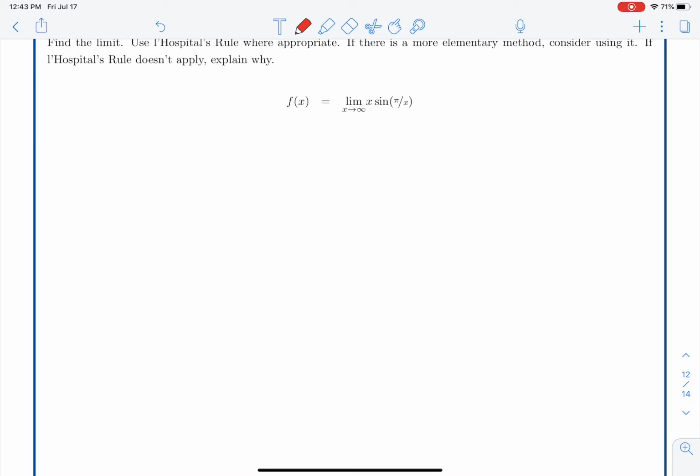So here we have limit x approaches infinity, x sine pi over x. So first we've got to determine if this is in fact an indeterminate form. And this is a limit at infinity, not an infinite limit.